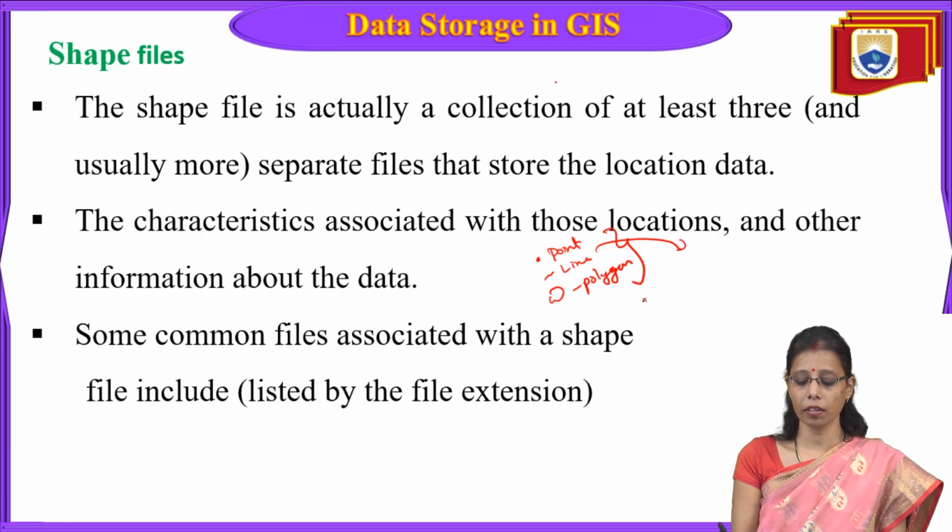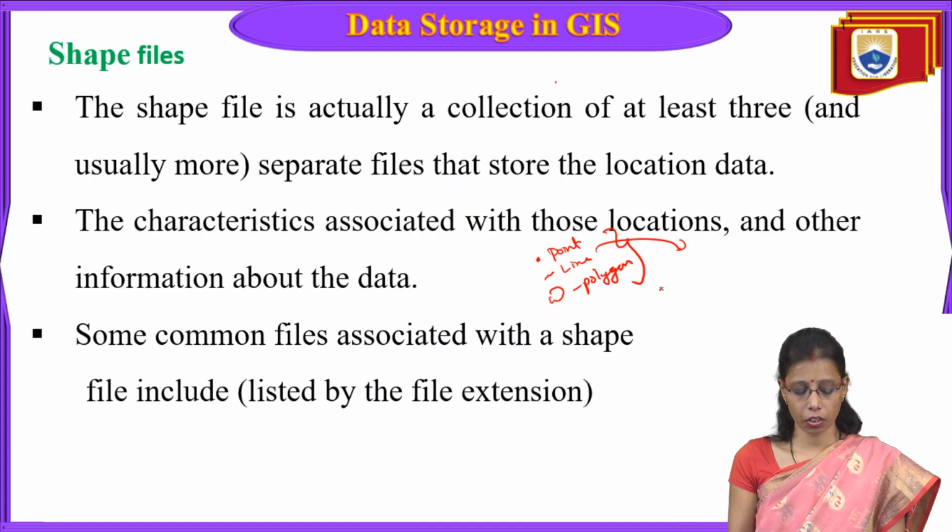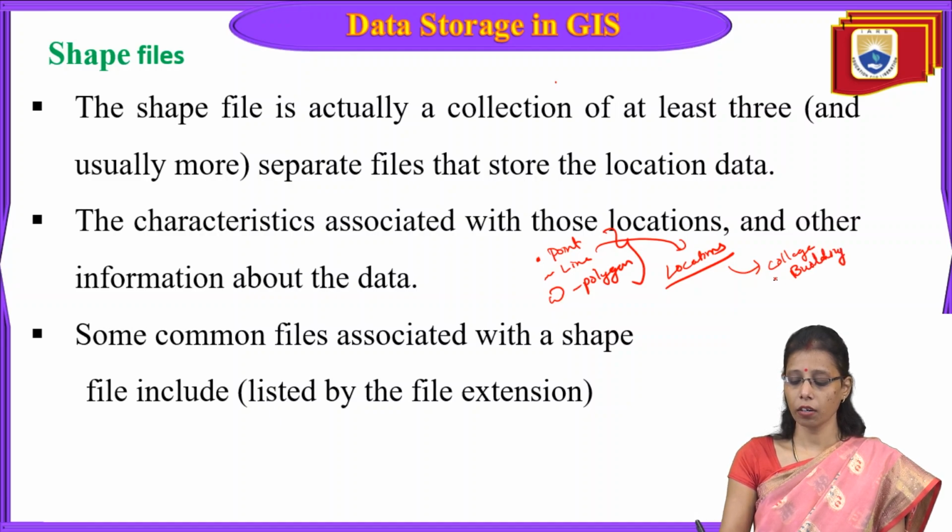So what is a point here? Point means the information which we can see in the map in the form of a point, like locations. All the locations will come under points. For example, if you want to locate a college building, or a pole, or a tree, these are all information we can see as points.